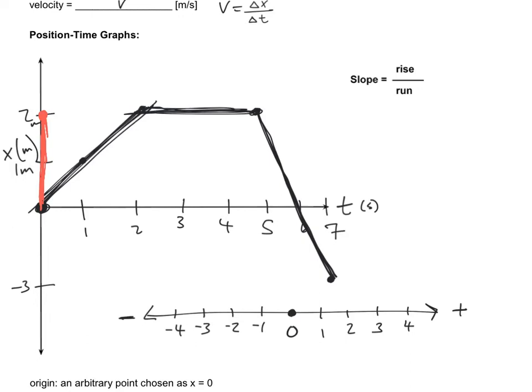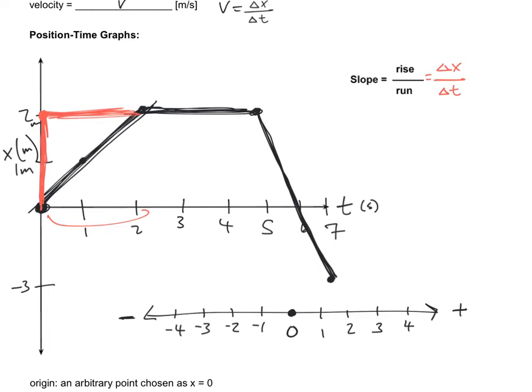And we write change in position, which is the rise there, as delta x. Delta is change, x is position. You would write run as going this way, your position stays the same, but you're changing time, you're going from 0 to 2. So it's a delta t.